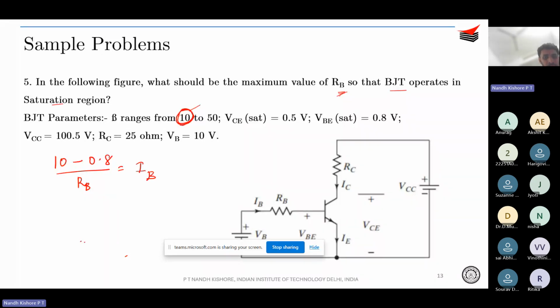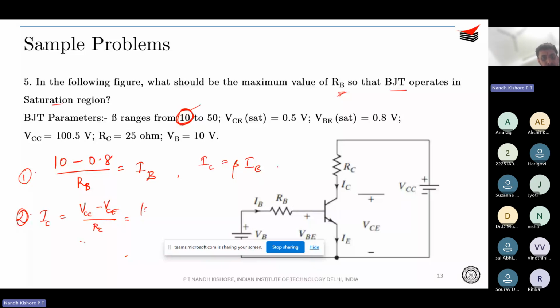And what about your IC? IC is going to be beta times this value. They have also given VCE. The other point is KVL in the collector emitter loop. So IC is equal to VCC minus VCE by RC.